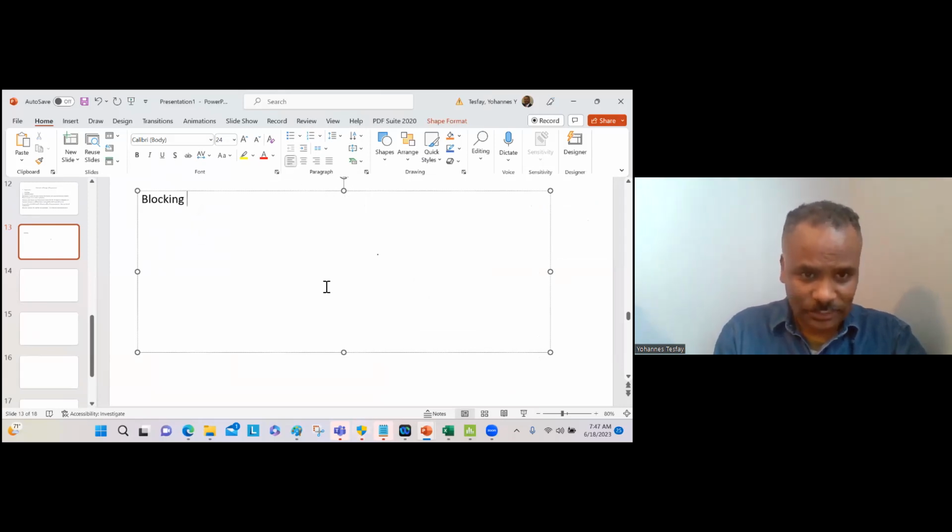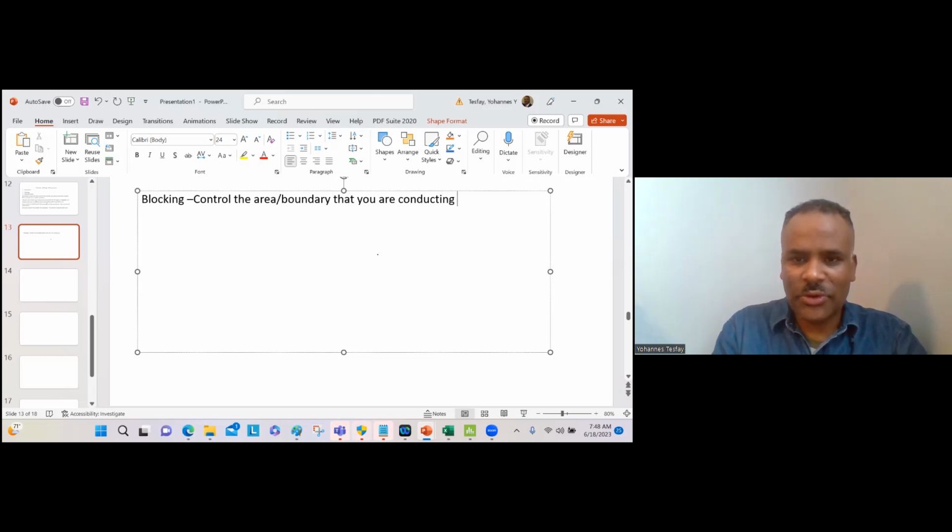Blocking means to control the area or boundary that you are conducting the design of experiment. This is a very important thing.